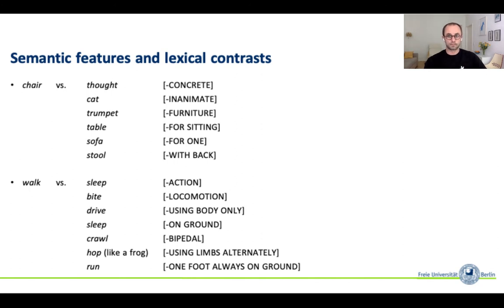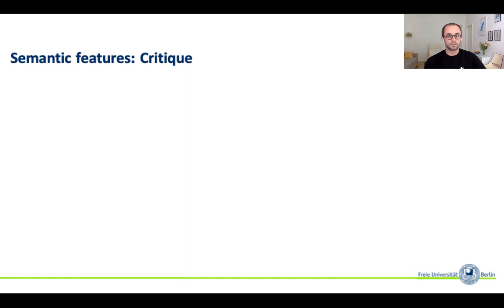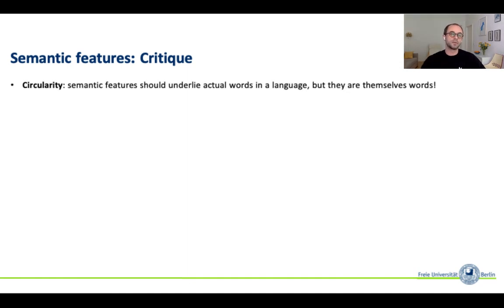Okay, but there are also problems with semantic features. First of all, semantic features are circular, meaning semantic features should actually underlie actual words in language, right? So if we have something like a cat, the semantic feature should be something less complex than a cat.